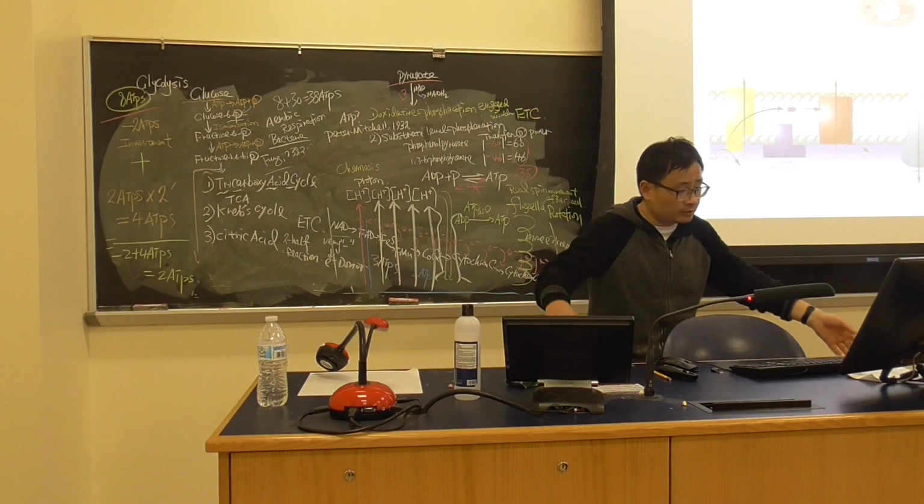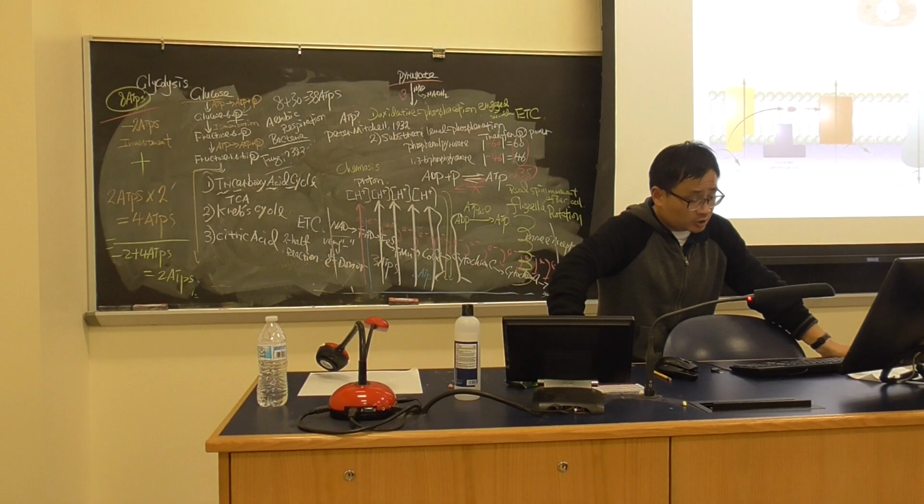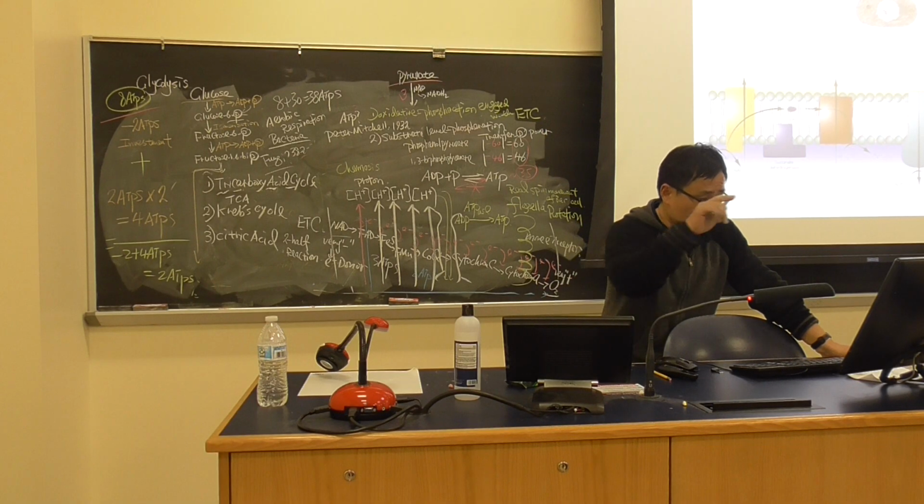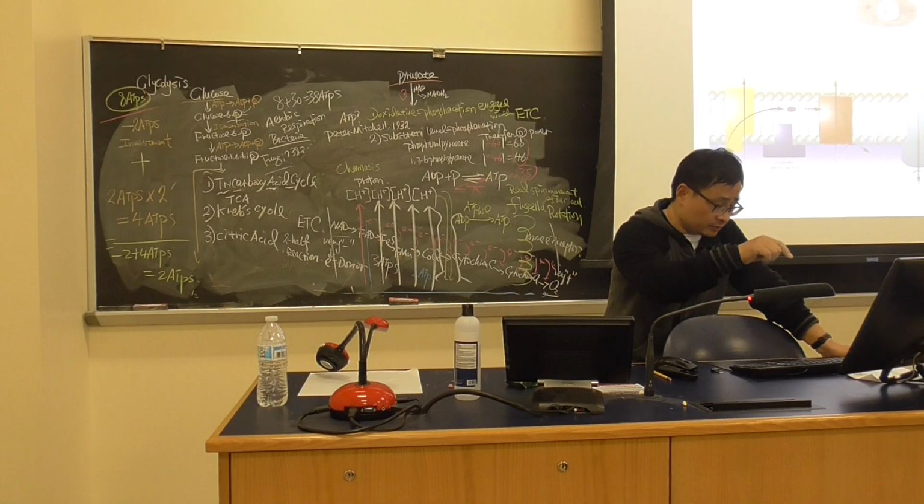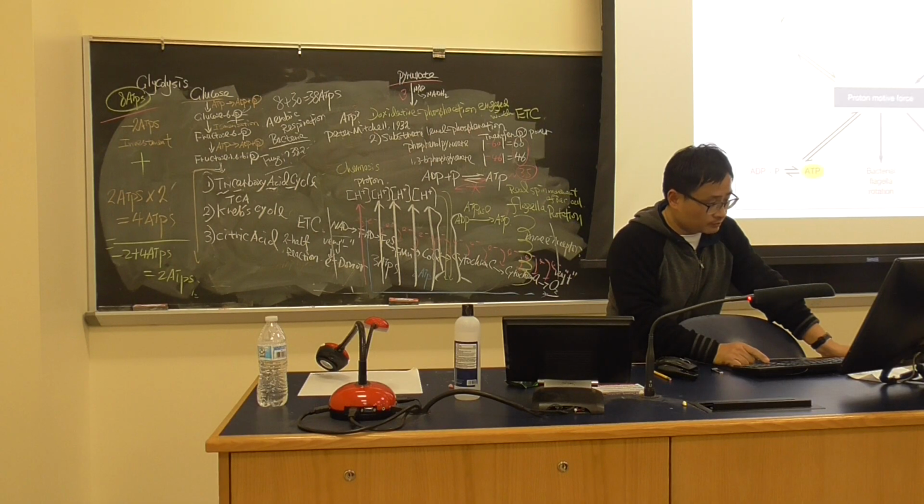And at the same time, what happened? They coupled with rotation of the flagella. So that's called chemosmosis. That's one of the explanations for oxidative phosphorylation. And this was created or named by Peter Mitchell, a great British scientist. So we skipped this one.